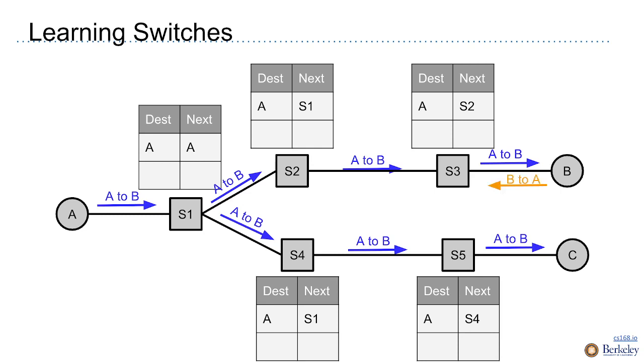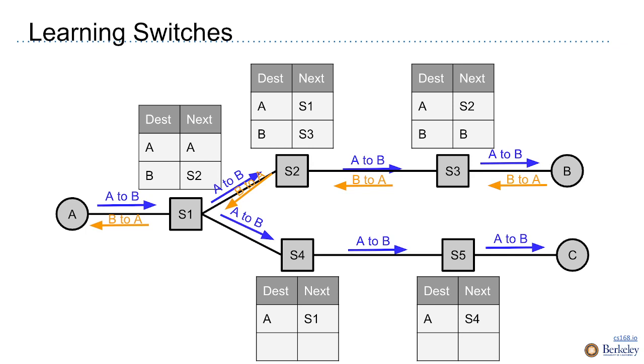And then typically when you send something to an end host, the communication is two-sided. B is going to send something back. And if this happens, then on the way back, it is going to leave a trail of how to reach B. And then the switches on the way back will learn that as well. Yeah? S1.